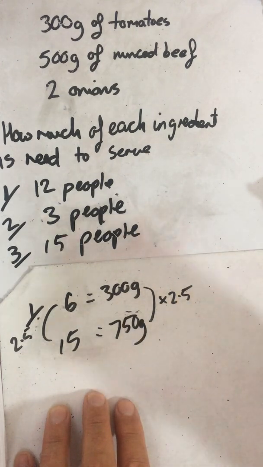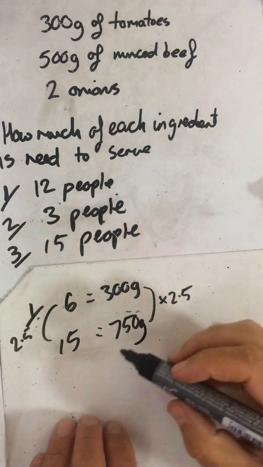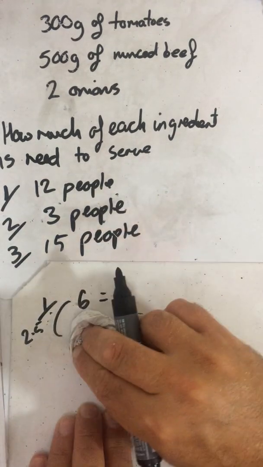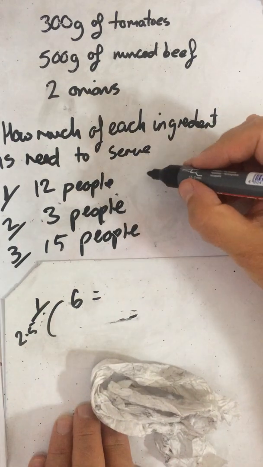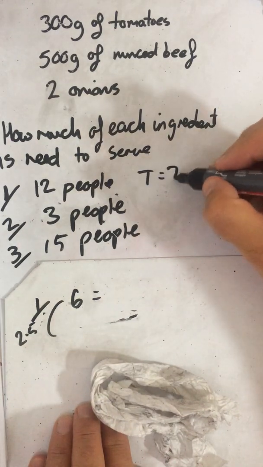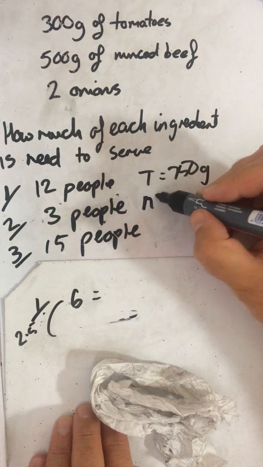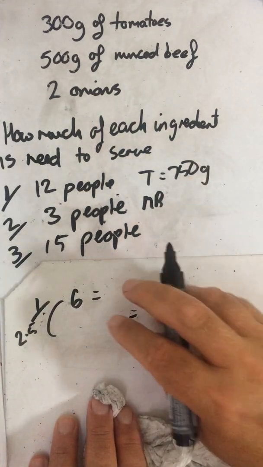And then the same with the 500 grams. 6 people equals 500. So the tomatoes on question 3 are 750 grams. Then the minced beef, we times all of them by 2.5.